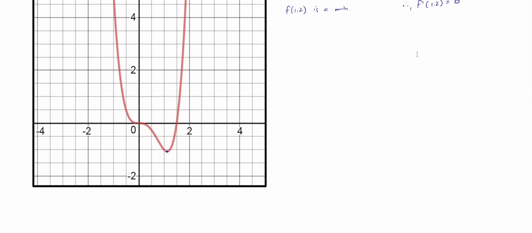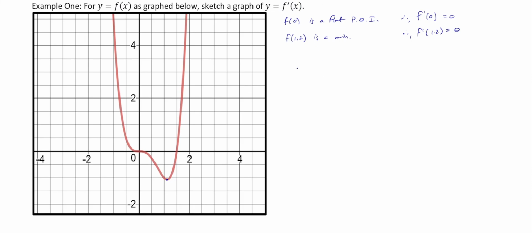Let's create a sign table here. For x less than 0, 0 less than x less than 1.2, and then x greater than 1.2. Let's look at the original function. Well, for x less than 0, the original function is decreasing.